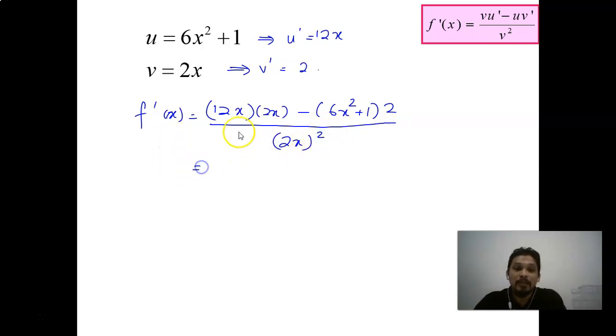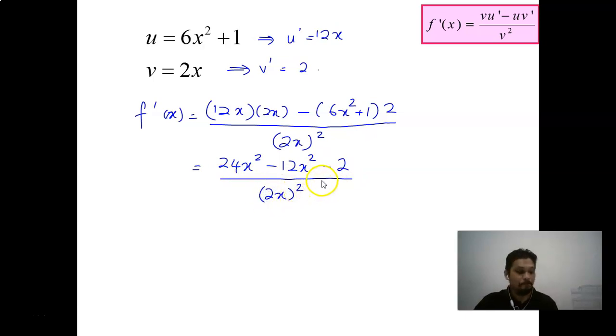Now 12x times 2x is 24x squared, minus 6x squared times 2, minus 12x squared, negative times 1 and 2, negative 2, divided by (2x) squared.